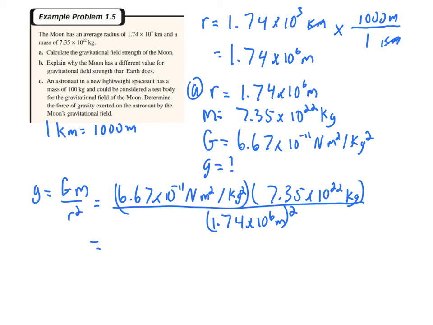Do this in your calculators and you will find that the answer is 1.62 newtons per kilogram. And of course, that is the rounded answer.